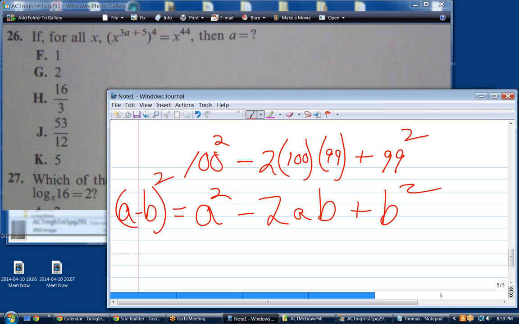A is 100 and B is 99. So what's this equal to? That's equal to 1 squared, which is 1.